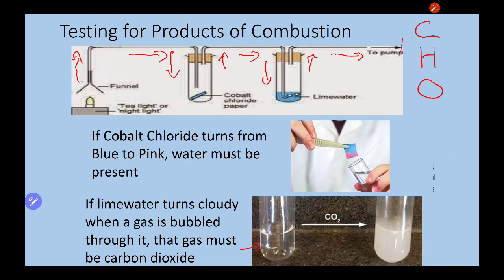These tests you need to remember, so you can keep going back and looking at the PowerPoint if you need to remind yourself. But it's worthwhile even Googling or YouTubing products of combustion, and you will see a few demonstrations that look like that on YouTube. I know we can't do it in the lab because we're not in the lab, but it's worthwhile having a look at.